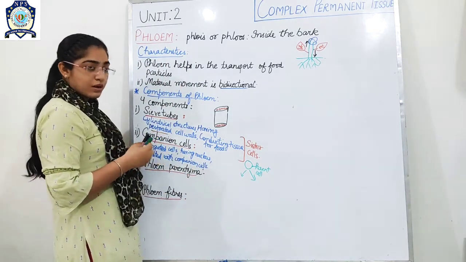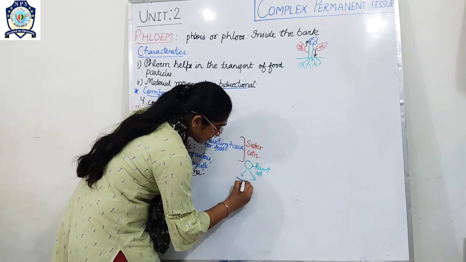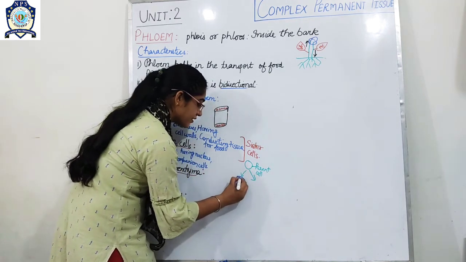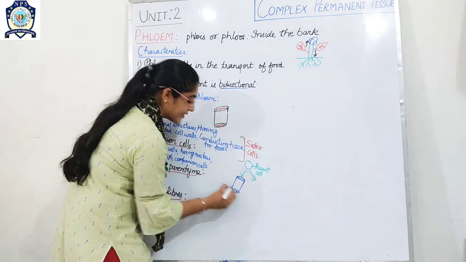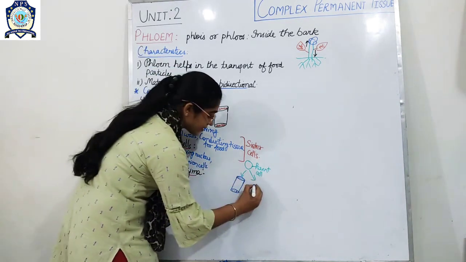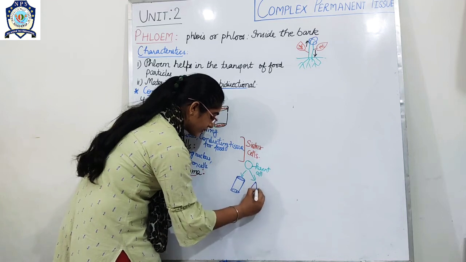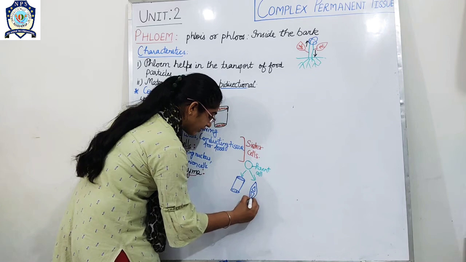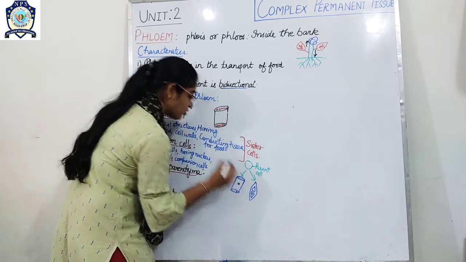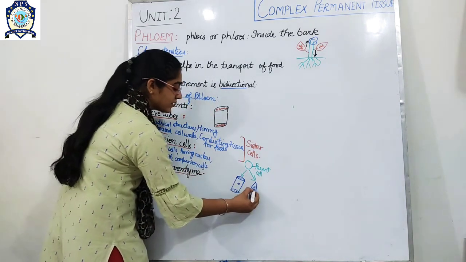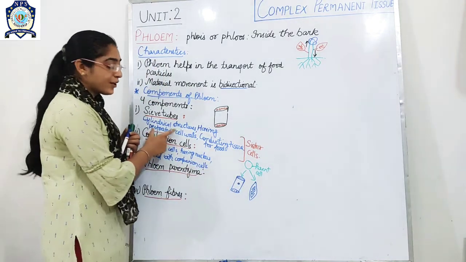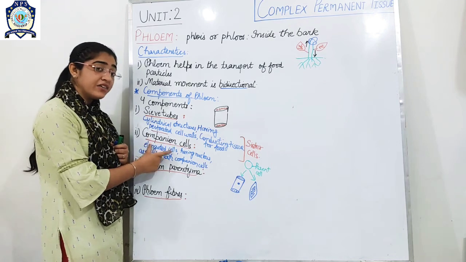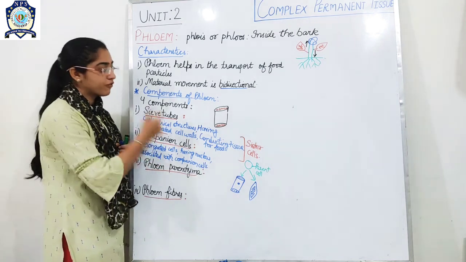What are these two components? One is the sieve tube, which is perforated and cylindrical, and the other is the companion cell, an elongated cell having its own nucleus. Also the sieve tube bears a nucleus, so sieve tube and companion cell both are the living components of phloem.